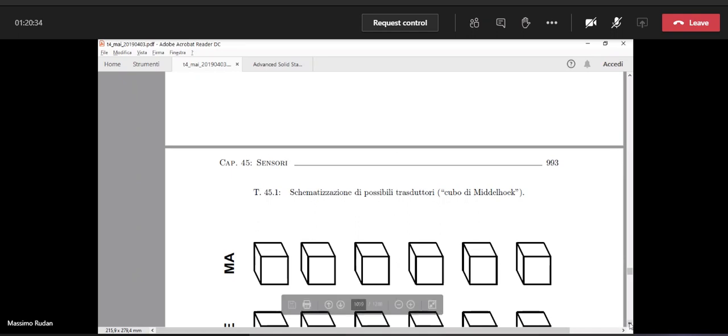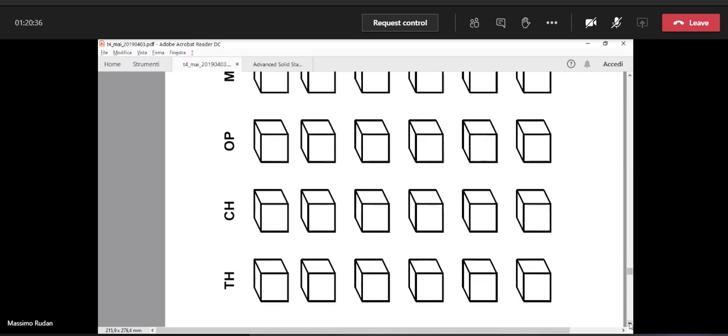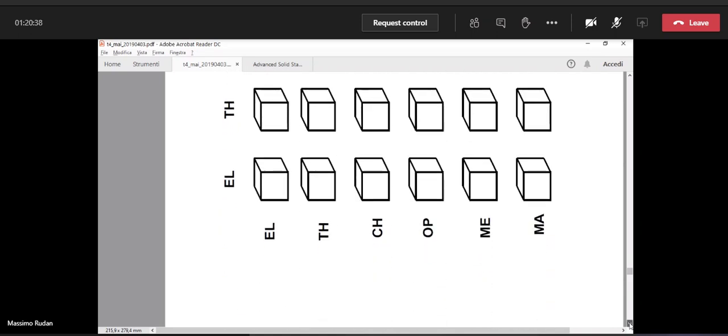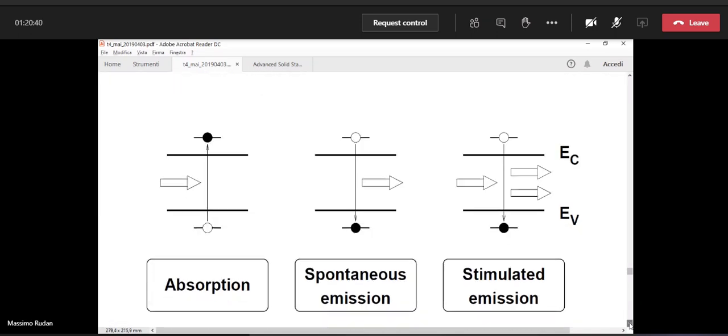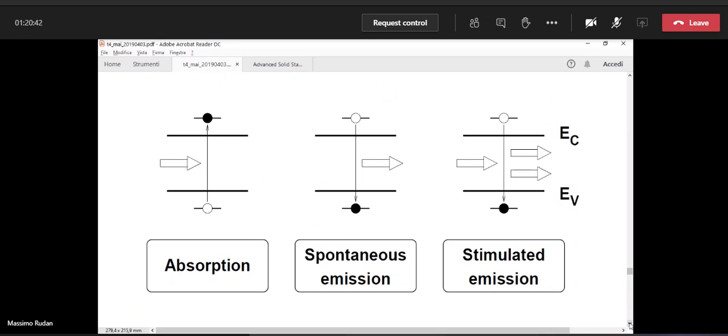The optical sensors are sensors in which we exploit the ability of solid-state matter to absorb visible radiation and provide some type of signal in which, for instance, the intensity of the detected radiation has been coded.